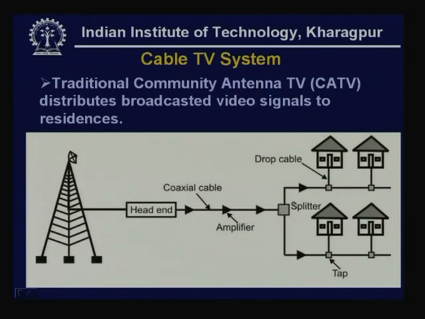Then with the help of a splitter, the coaxial cable is divided to distribute in a big residential campus, and here, as you can see, a drop cable is used which taps from the distribution cable, the coaxial cable, and takes it to the residences. So, this is the schematic view of the standard cable TV system.